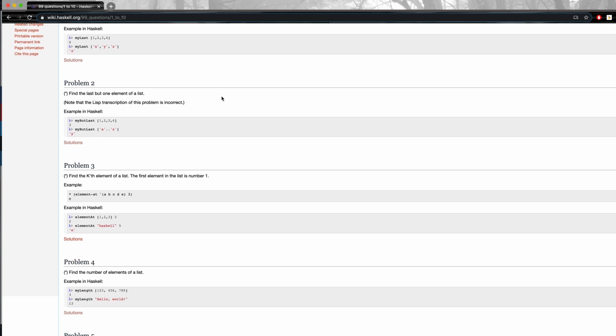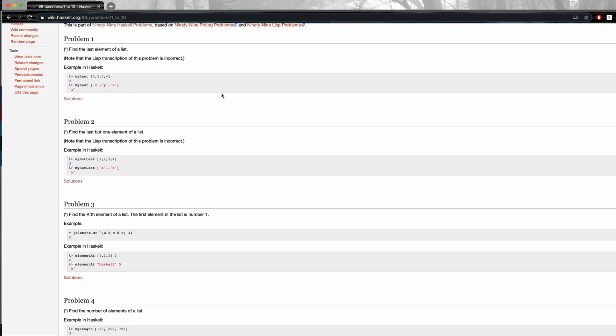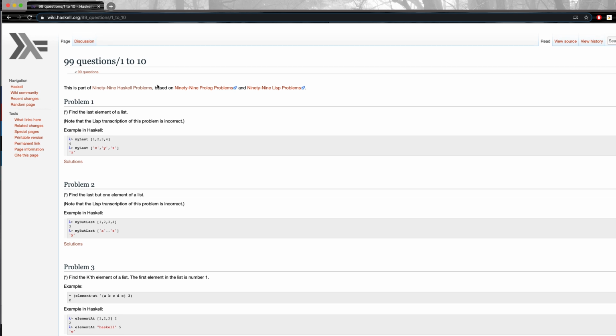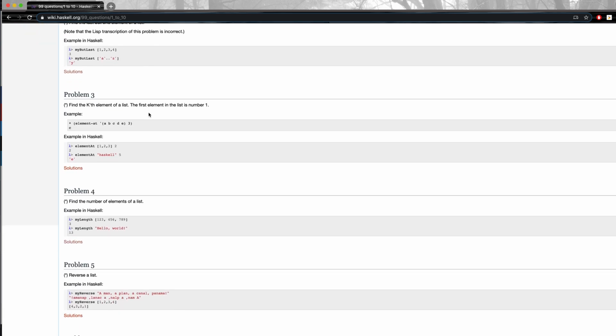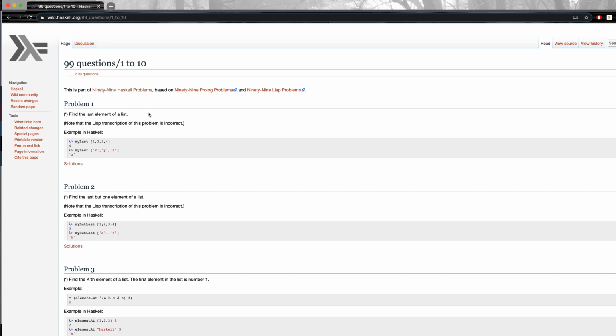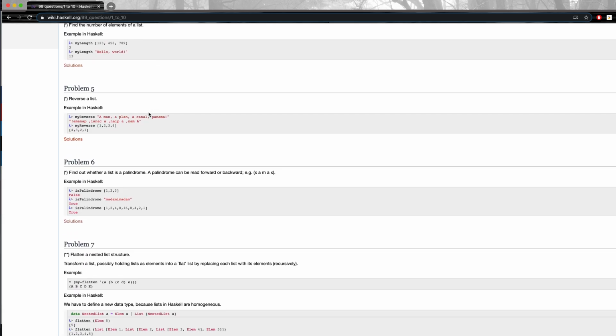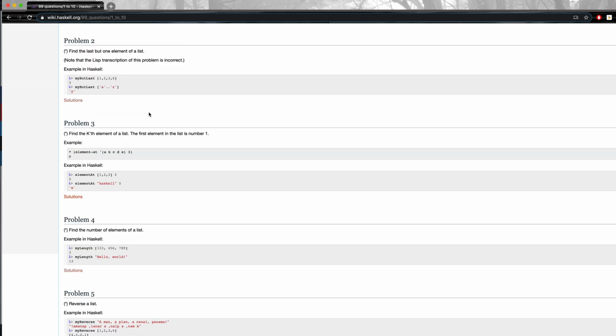So yeah, so we will have 100 problems, and the problems would look like this. The initial few problems will be really easy, like find the last element of a list, which will help us in knowing the syntax of the language, what kind of data structures are there, what kind of operations are there, what can be done in this language.